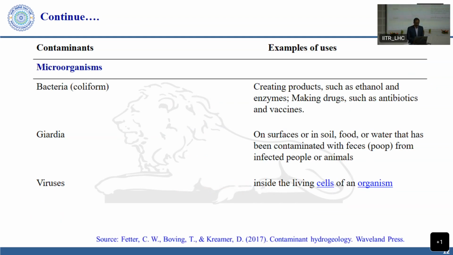You can also see bacteria and microorganisms, such as coliform bacteria, creating products such as ethanol and enzymes, and making drugs such as antibiotics and vaccines. So bacteria are also used. Giardia is found on surface or in soil, food, and water that has been contaminated with feces.